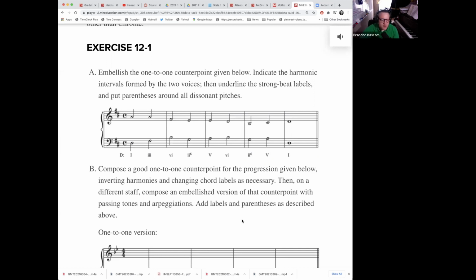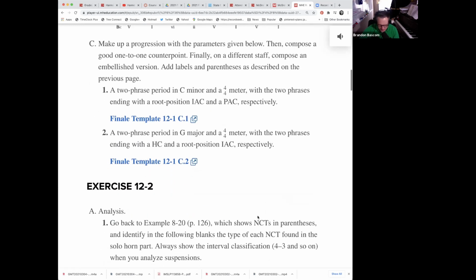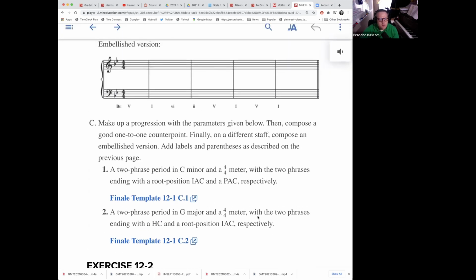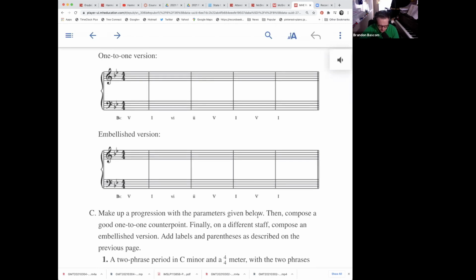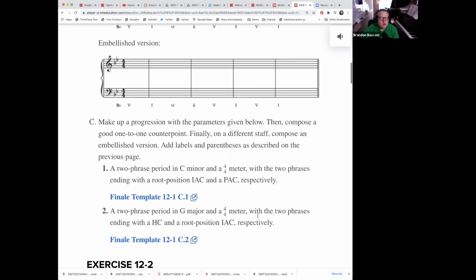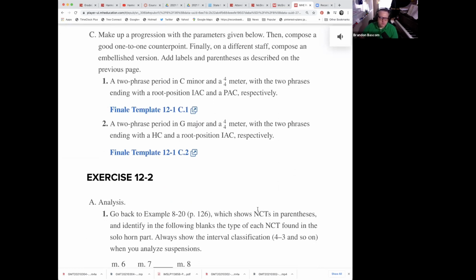Okay. This is part C here. Part C says, make up a progression with the parameters given below, then compose a good one-to-one counterpoint.